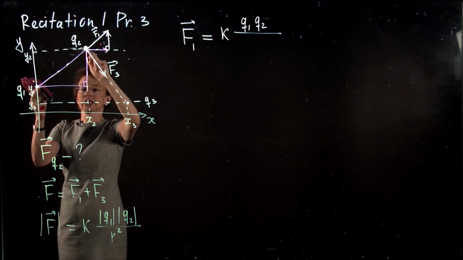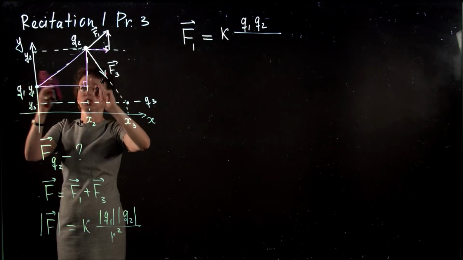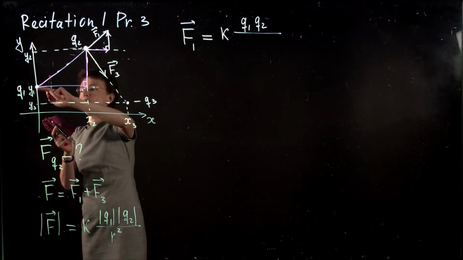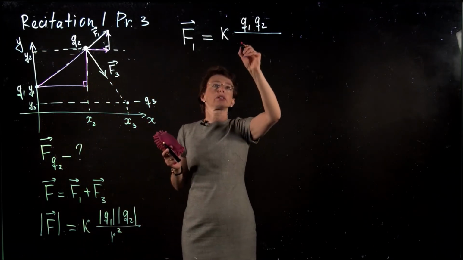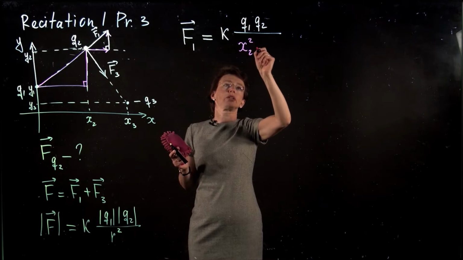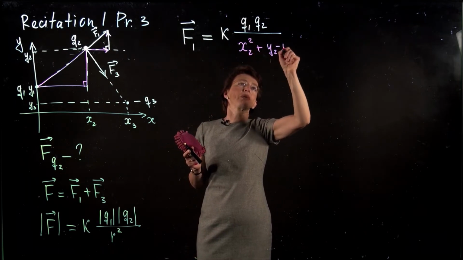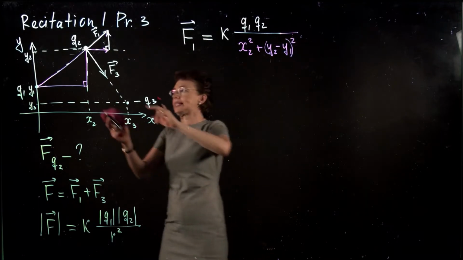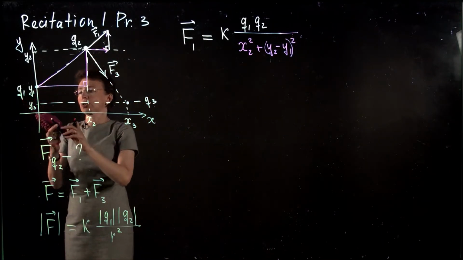So this distance squared is x2 squared plus y2 minus y1 squared. This is the distance between these two charges squared.